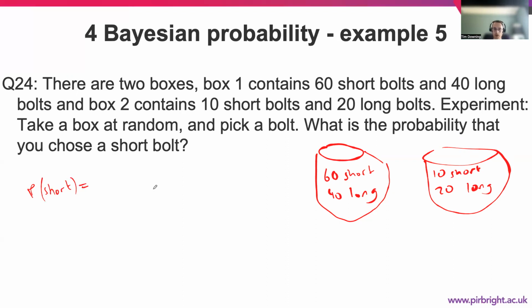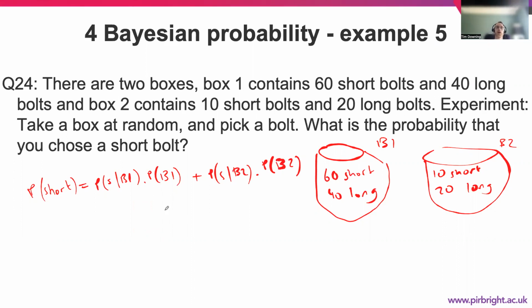So for the first box, if we say the probability of choosing box 1 and box 2, so this is B1 and B2, we're going to add up the probability of short, given that we choose B1 based on the probability that we choose B1 in the first place, plus the probability of short bolt, given that we choose B2 by the probability of choosing B2 itself.